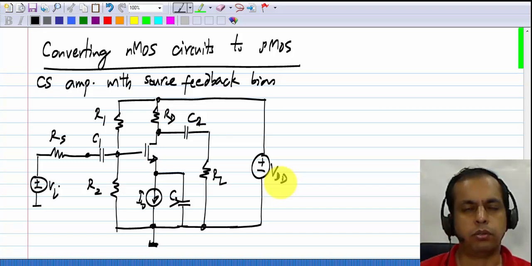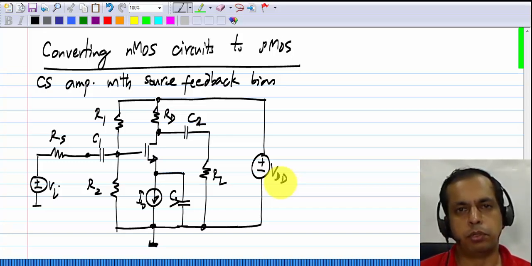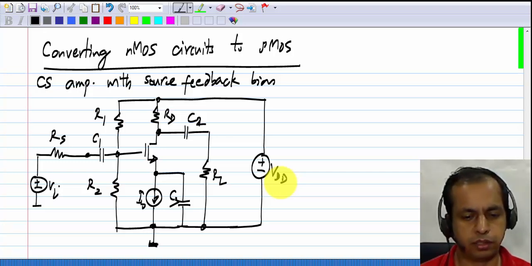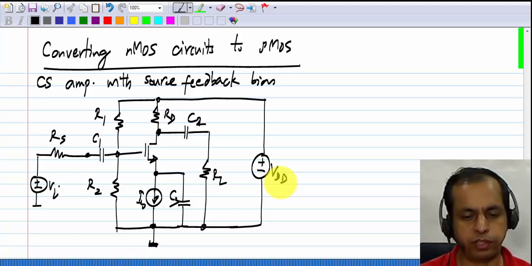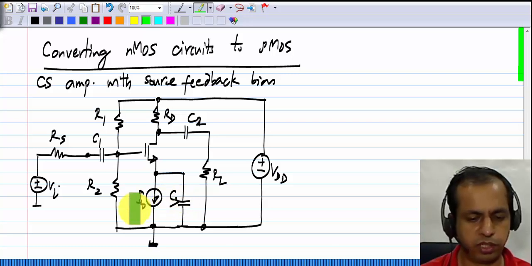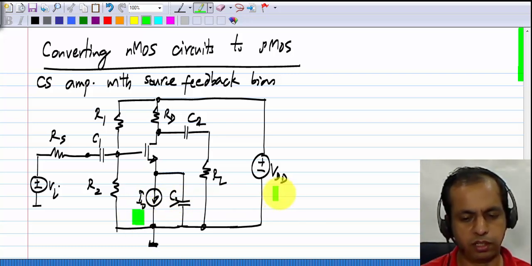Now, as you well know, the small signal pictures of NMOS and PMOS are exactly the same. The operating points have exactly the opposite polarity. So, how do I convert this to PMOS? It's very easy. First of all, I identify the sources that establish the operating point, and in this case, that is I0 and VDD.